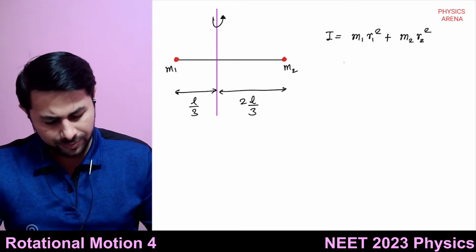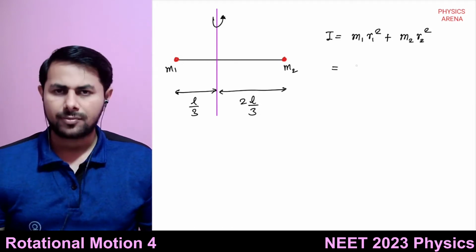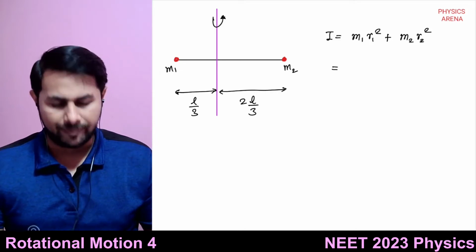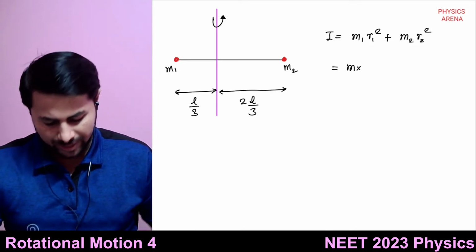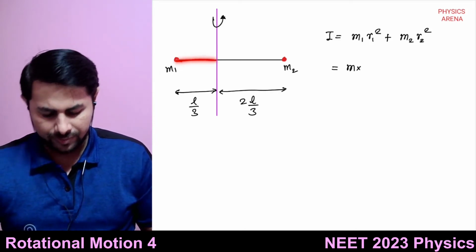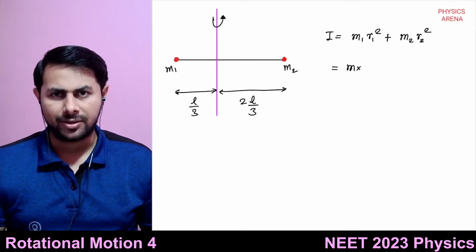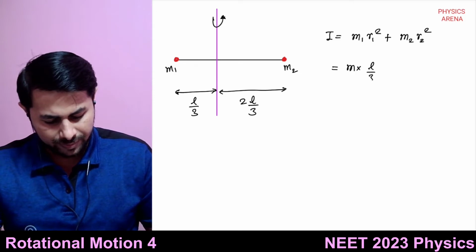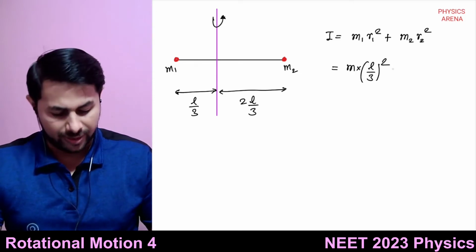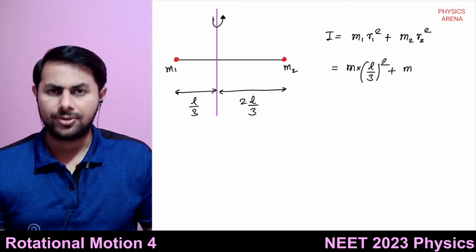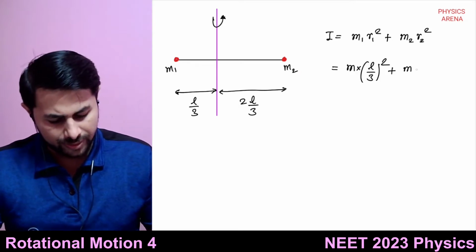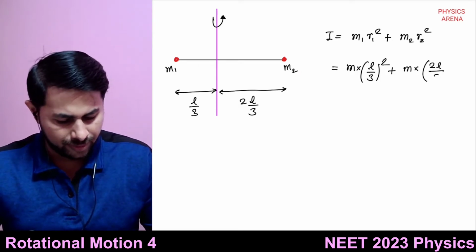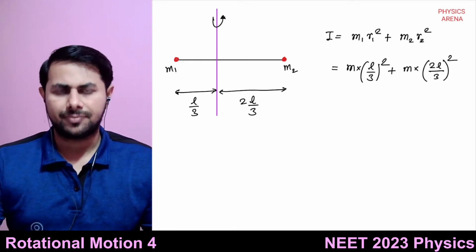So we said that m1 is equal to m2 is equal to m. So it is m multiplied by how much is r1? It is the distance of mass m1 from the axis of rotation, L by 3. So (L by 3) square, plus m2 is also equal to m, so m multiplied by, sorry, (2L by 3) square.